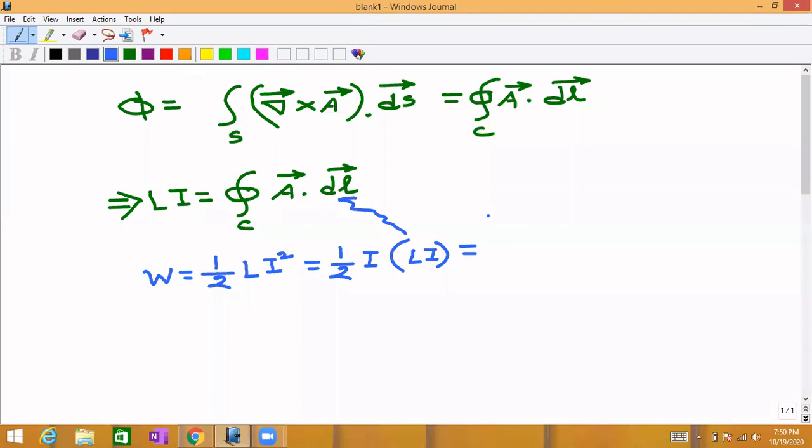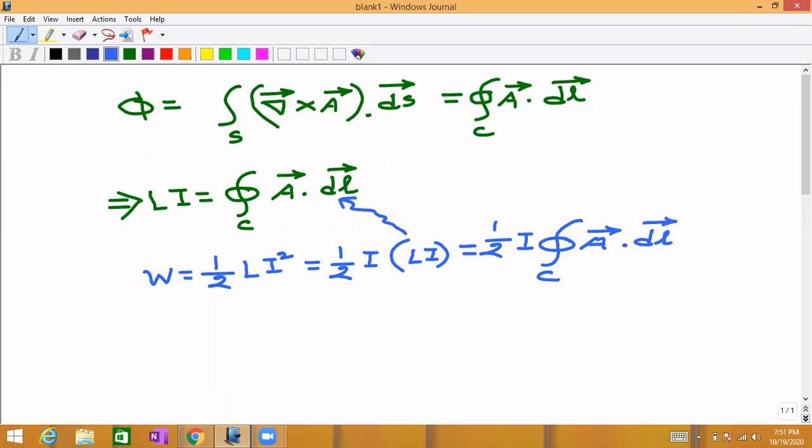So it is half of I into closed integration C, A vector dot dl vector. Fine. It's okay.